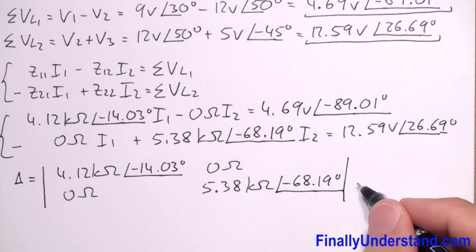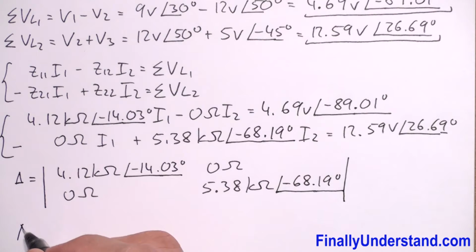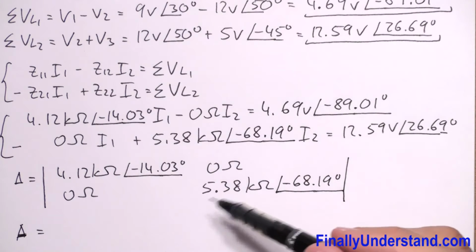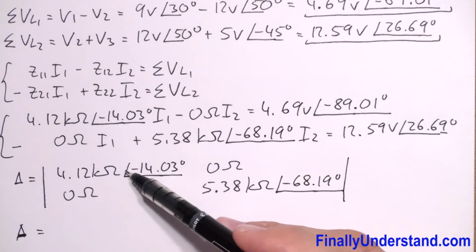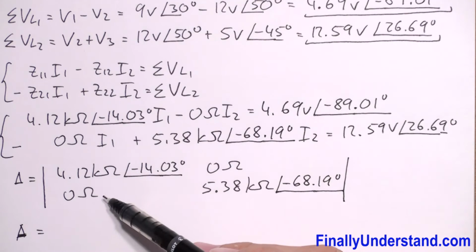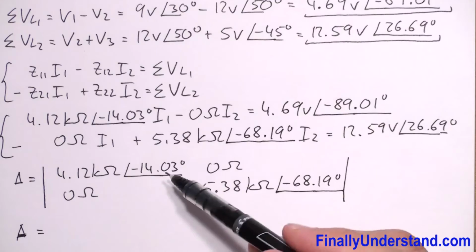Okay, so my delta is equal this value times this minus this times that.